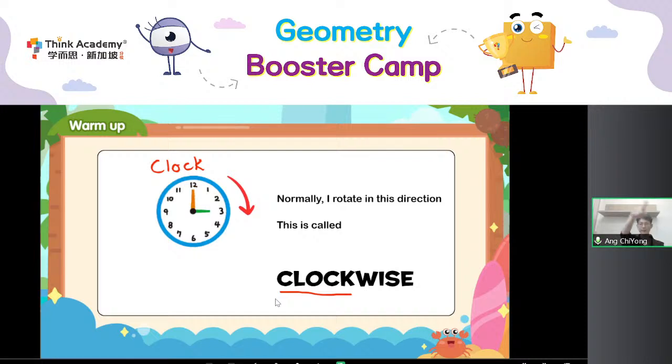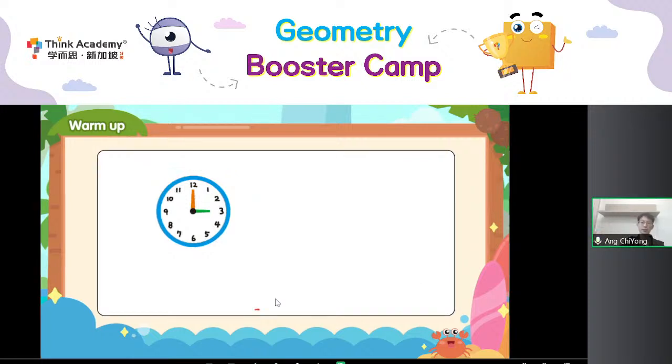And then you spin, spin, spin. This is clockwise. Now, the other way: from the top, you don't go to the right. You go to the left, this way. Put up your hands, try yourself.